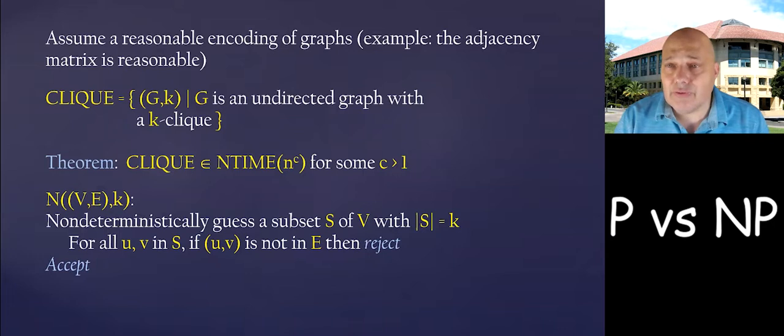And if all of those are edges, then we accept, because we just enumerated and found a clique. So we guess the clique and then enumerate all the supposed edges within this clique and verify that they are indeed there. This is an example where for a problem that we don't know how to solve directly, we can verify a solution, and a non-deterministic Turing machine is able to guess for us.